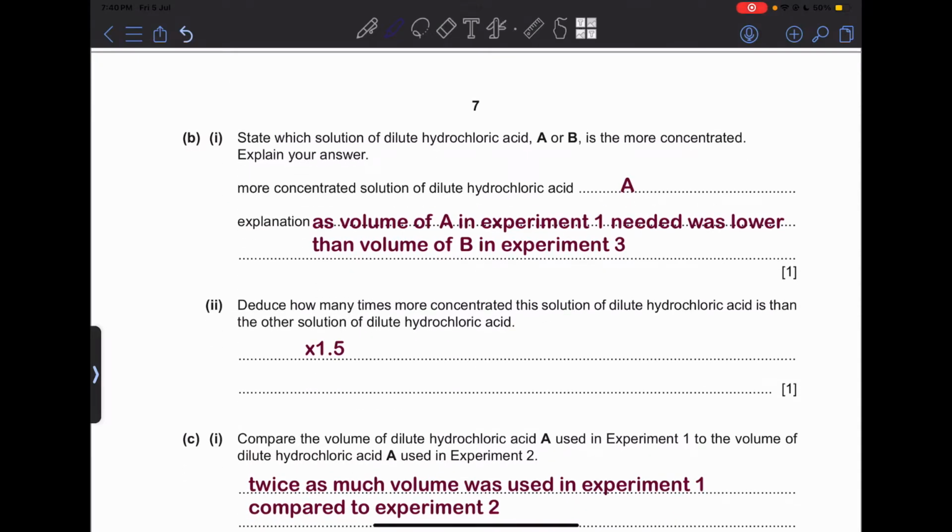B I, state which solution of dilute hydrochloric acid, A or B, is more concentrated. Explain your answer.